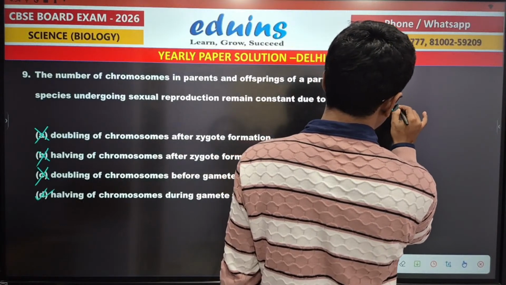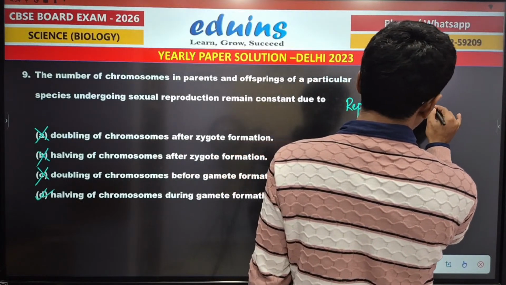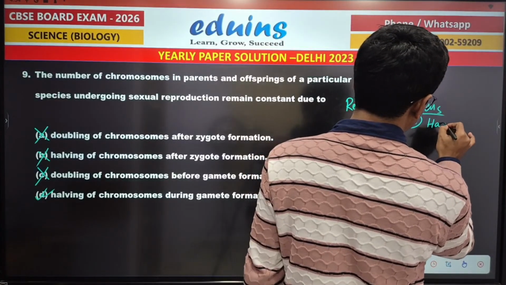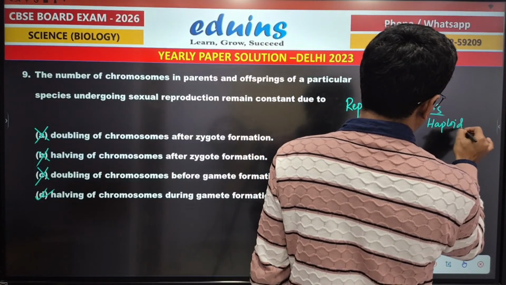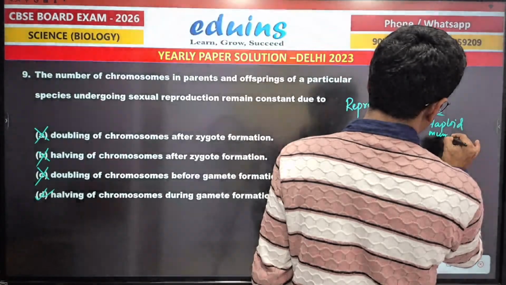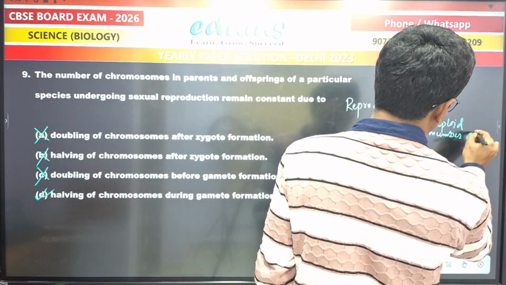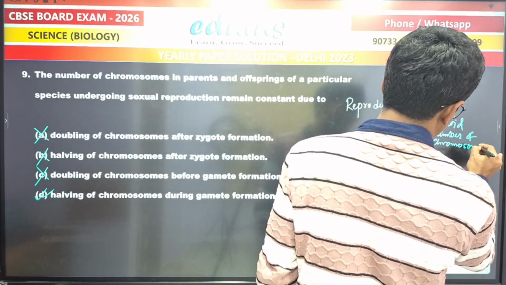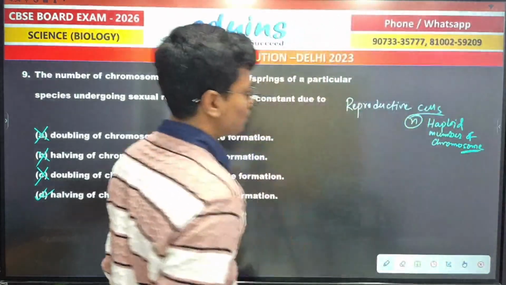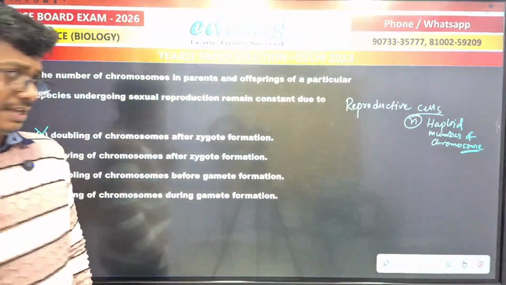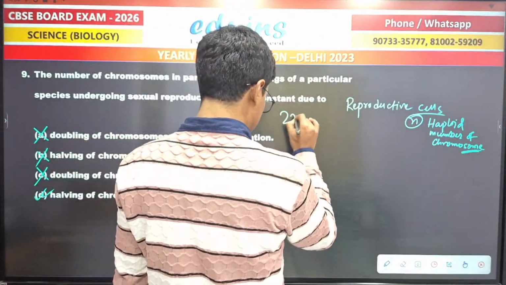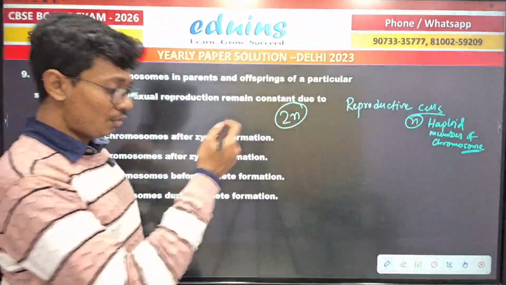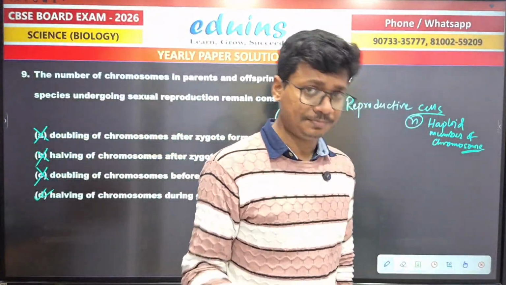Reproductive cells have half or haploid number of chromosome, that is n. In case of normal body cells, they have chromosome number that is 2n. So what happens to the reproductive cells?